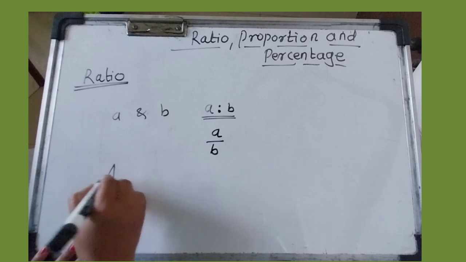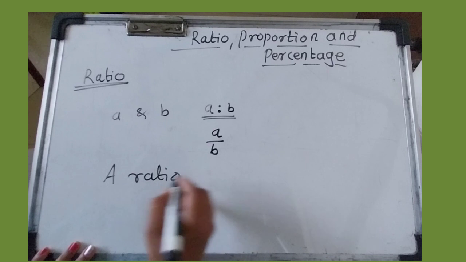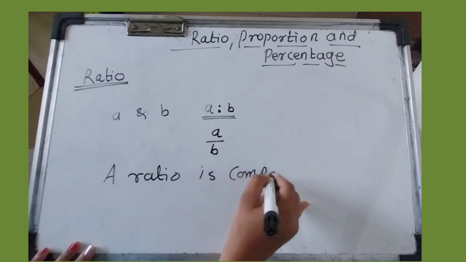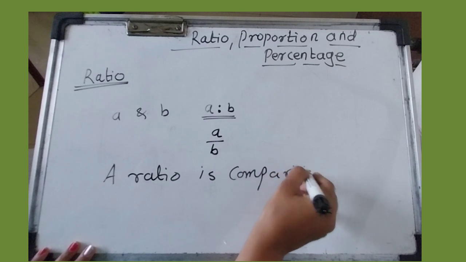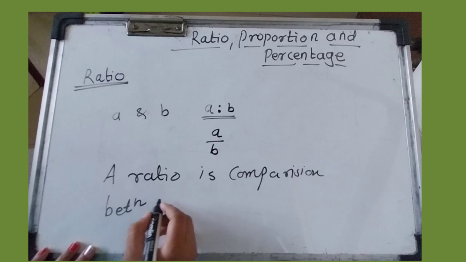Sometimes they ask for the definition: a ratio is a comparison between two things.